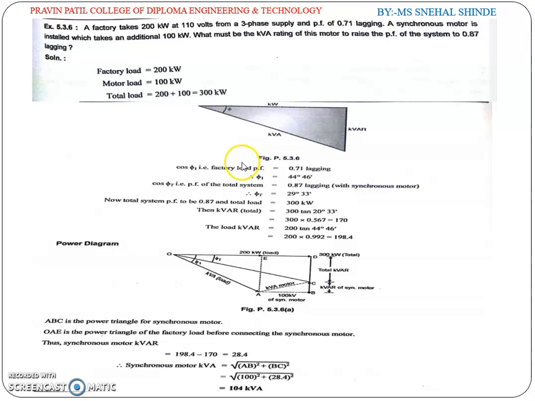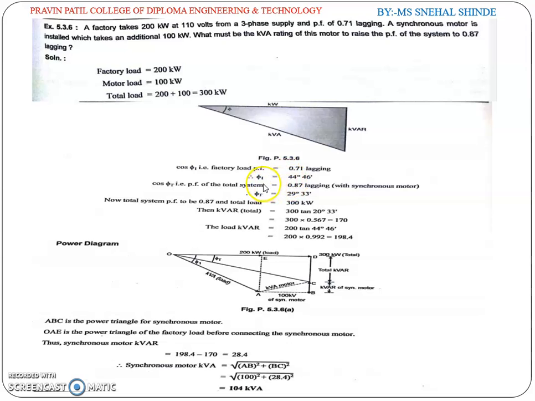So cos phi 1, that is the factory load power factor, is equal to 0.71 lagging, and for calculating phi 1 we will take the cos inverse of 0.71.